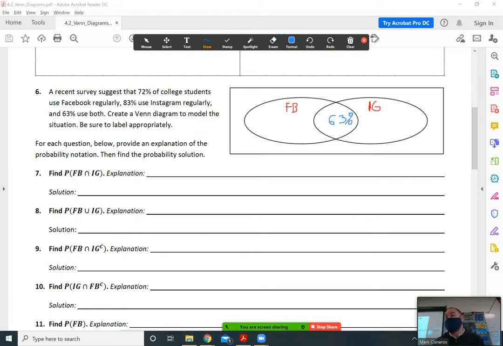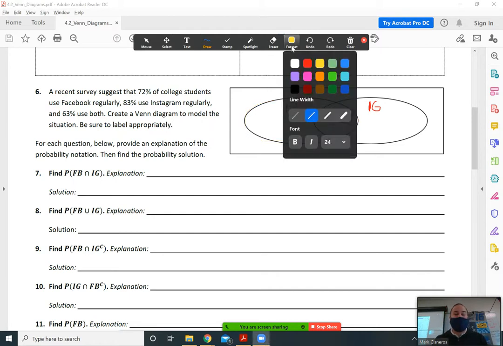That's going to change those other 2 numbers because it tells you that 72% use Facebook. That means that this whole bubble has to be 72%. 63% is already in the middle. What does that leave out here on the outside?